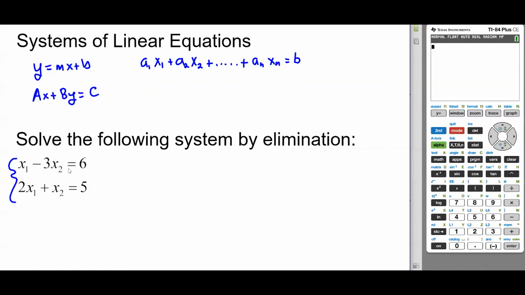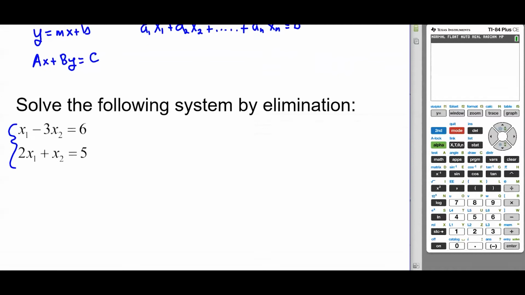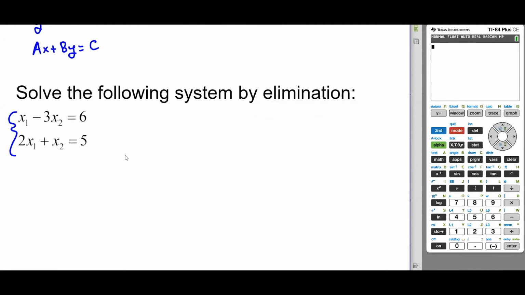Now, these only have two variables, but instead of x and y, we're just writing x sub 1 and x sub 2, right? So we're going to solve the system using elimination. And you probably remember solving systems by elimination in your algebra class. You also use substitution, right? But we're going to focus on elimination.